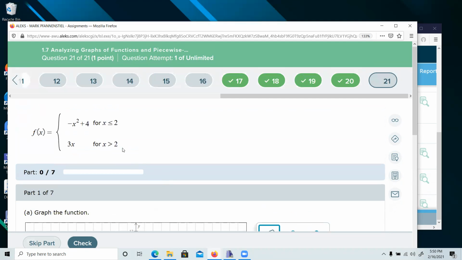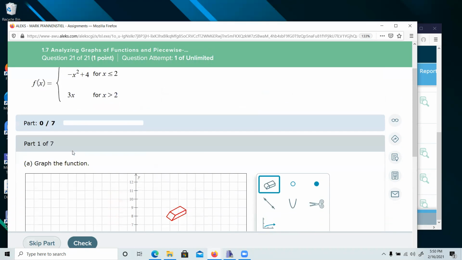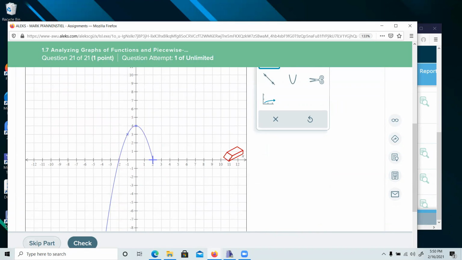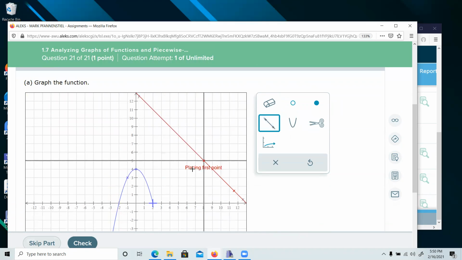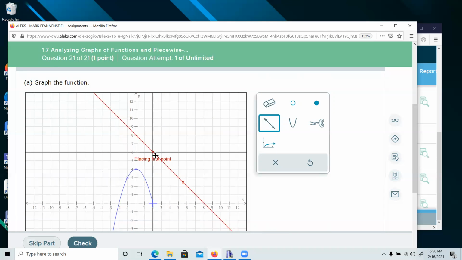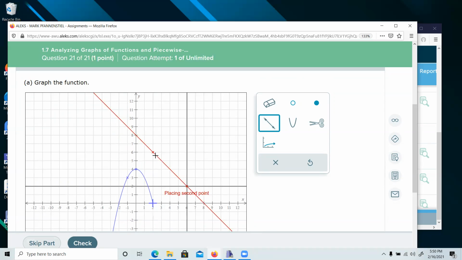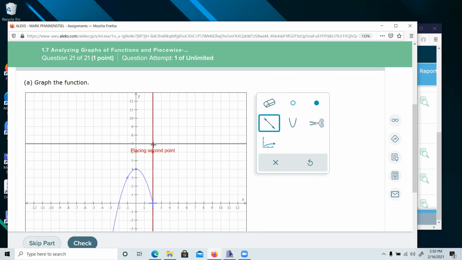And then we have 3x. So when x is greater than 2, if I plug in 2 here, then I'll get a y value of 3 times 2, which is 6. So we're going to go up here to 6. And then we need to come up with a slope, right? Our slope is 3. So it's the rise over the run.